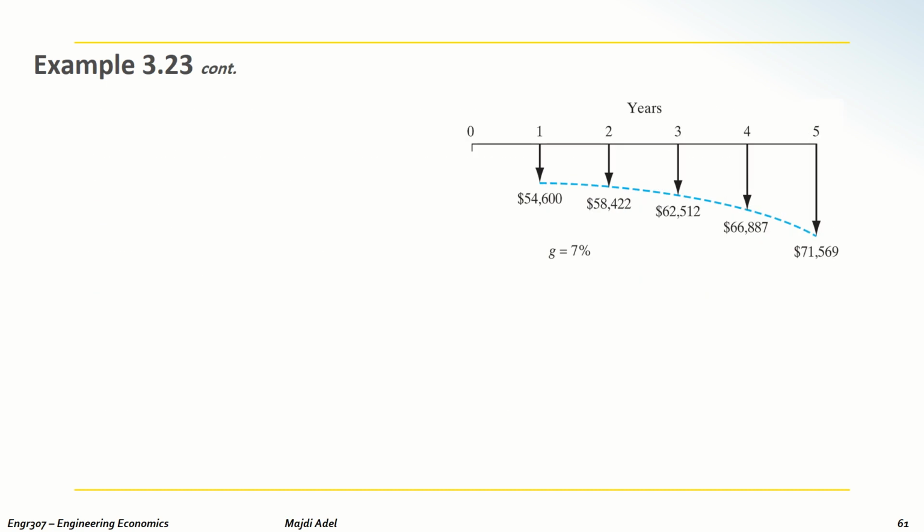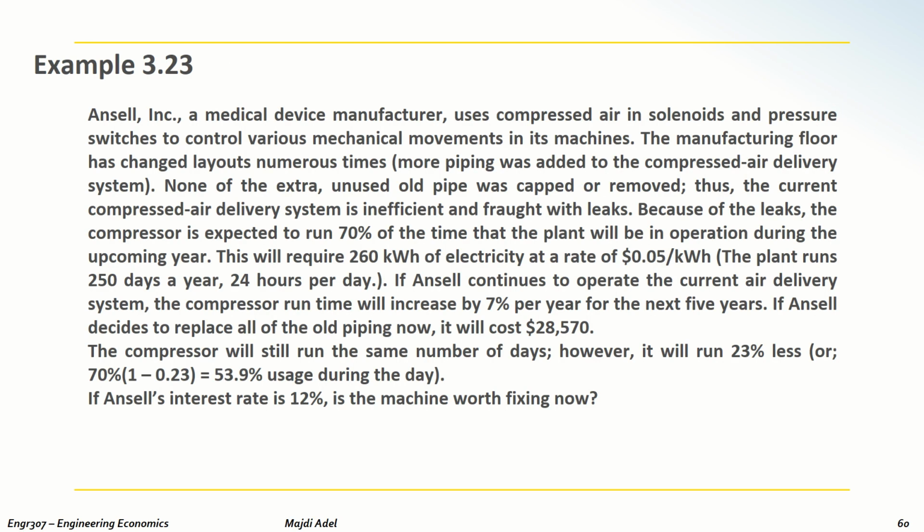First of all, I need to convert the information in the question to a cash flow. بحاجة إني أحول المعلومات اللي عندي في السؤال ل cash flow. أنا عندي مبلغ واحد. I have only one money value in this question, which is $28,570. لكن I have the information في هذا السؤال بقدر أحولها to a money value اللي هي قديش أنا بدفع كهرباء سنويا، سواء خليت الوضع كما هو تمام أو إني عملت الريبليسمنت أو غيرت شبكة الكمبرسد اير.